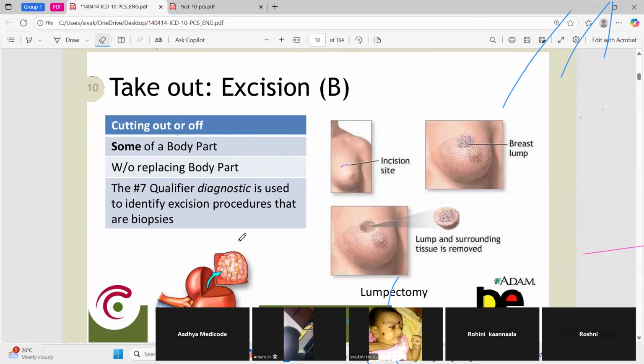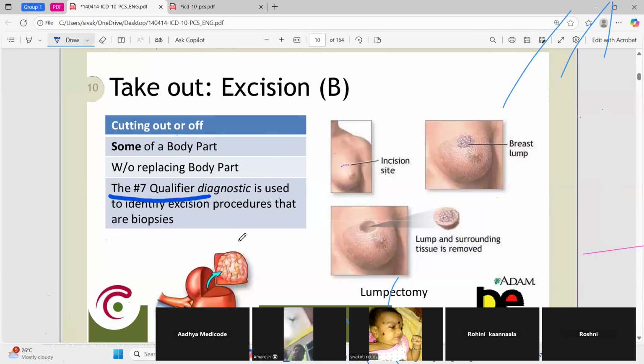Excision means cutting out or off some of a body part. If they remove a portion of a body part, it is excision. Note down in the excision guideline, the qualifier 7 is diagnostic when they performed a biopsy procedure.